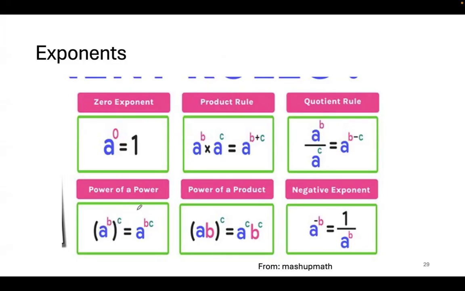If you raise something to a power, the exponents get multiplied. If you have a product raised to an exponent, the exponent goes to everything in that group. And a negative exponent is just 1 over that. This one and this one are what we'll use in the proof. I just wanted to remind you of those because it may have been a while.